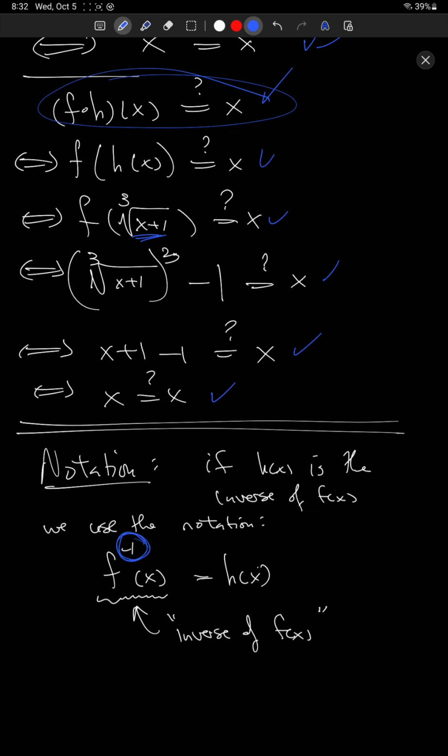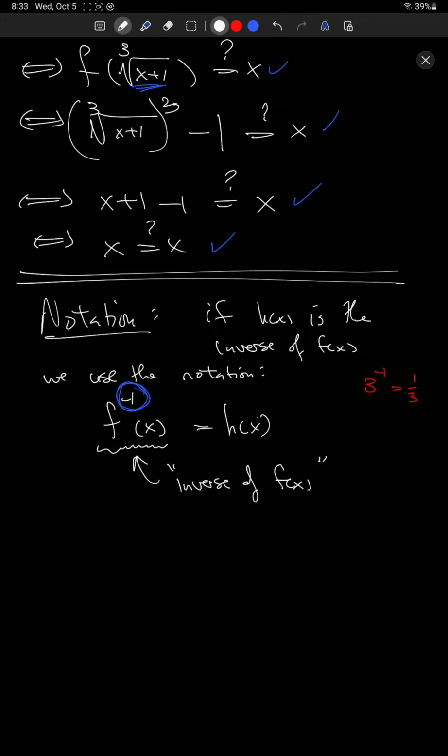So very importantly, normally when you see it to the minus 1, like if you have 3 to the minus 1, that means 1/3, right? That's just for numbers. So for functions, f to the minus 1 does not mean 1 over f. It means the inverse function. That's purely notational, so be very careful about that.